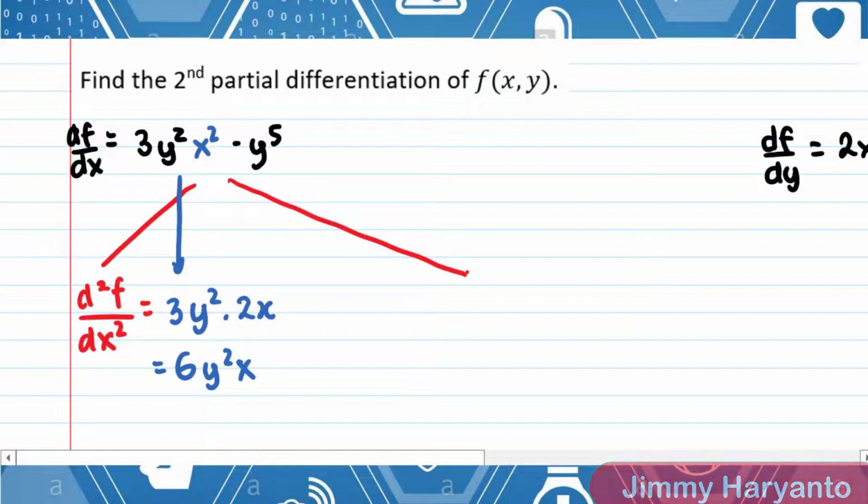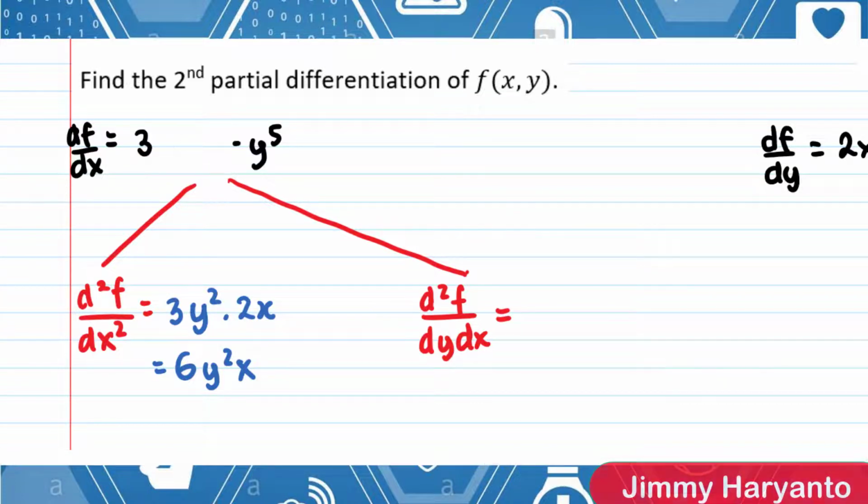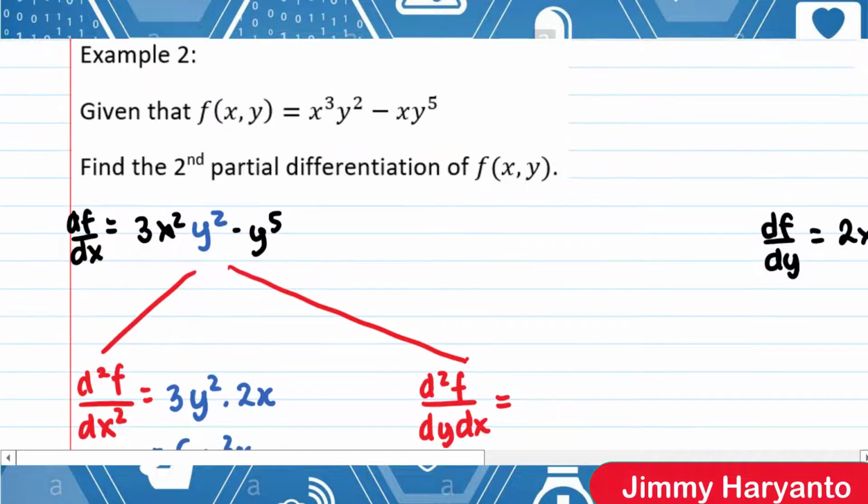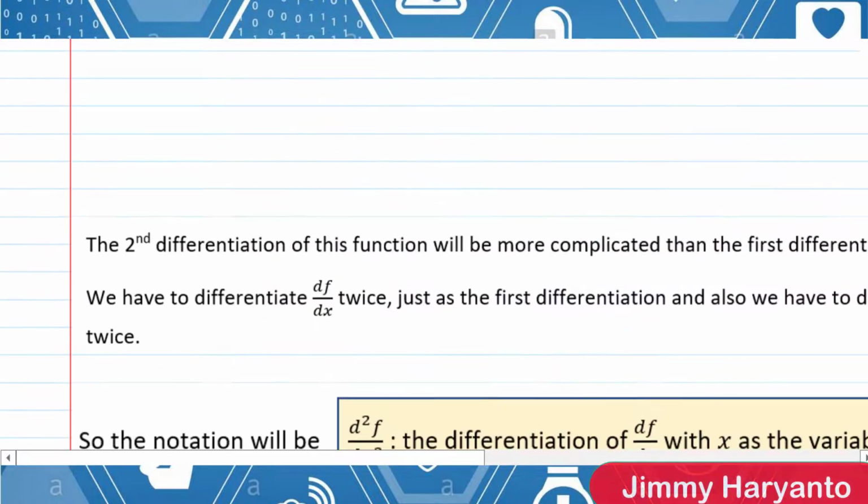Cuman kayak gitu doang. Oke, nah kalau udah, yang kedua, ini yang pertama, yang kedua kita harus differentiate dia, tapi kali ini terhadap y. Jadi kamu tulisnya dy over dx, gitu ya. Jadi sekarang variablesnya itu bukan x lagi, tapi y. Jadi kita kasih warna lagi biar bagus. Kayak gini ya, bener nggak? Tadi soalnya apa sih?